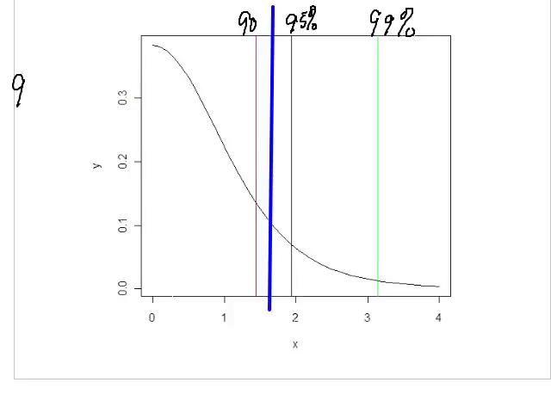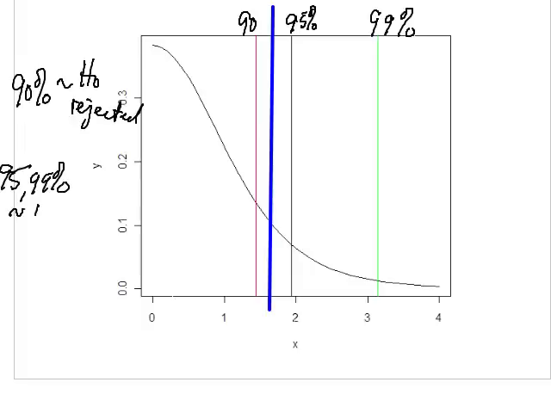So at the 90% confidence level, the null hypothesis is rejected. At the 95 and the 99% level, it's not rejected. Okay, now I'm going to go to R and show you how to put these commands in and how to get the graphs.